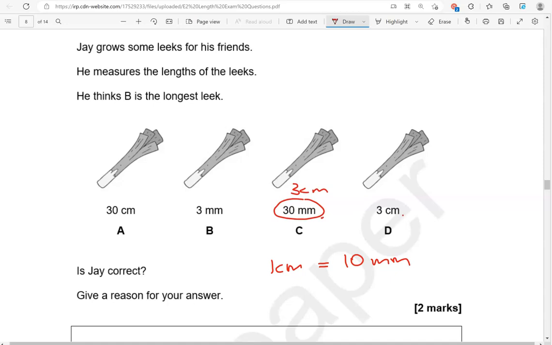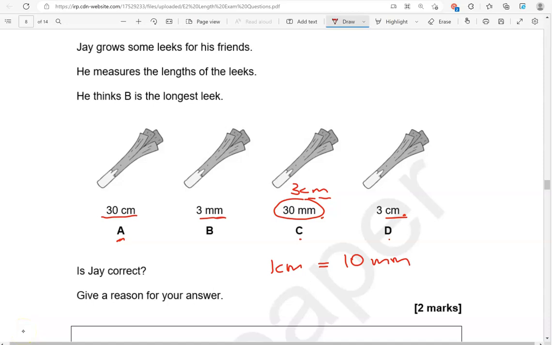So C and D are equal in length. Then we have 30 centimeters, which is much greater than 3 centimeters. So A would be the longest out of A, C, and D. Looking at B, that is 3 millimeters, so that is much smaller than any of these other three, because millimeters are smaller than centimeters.